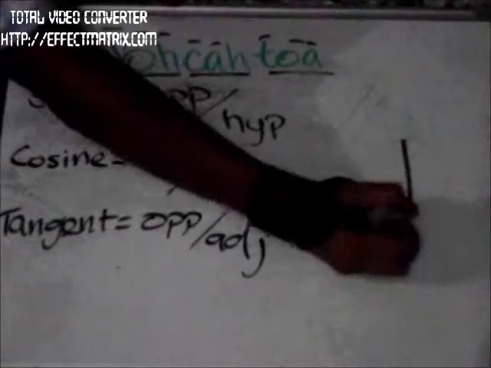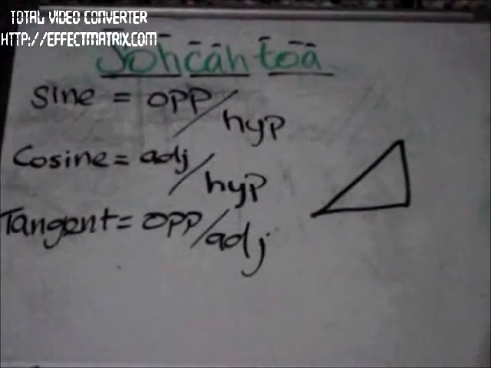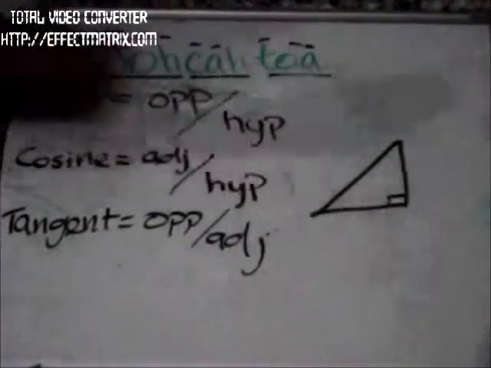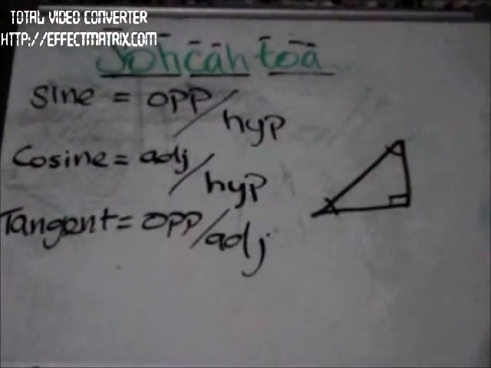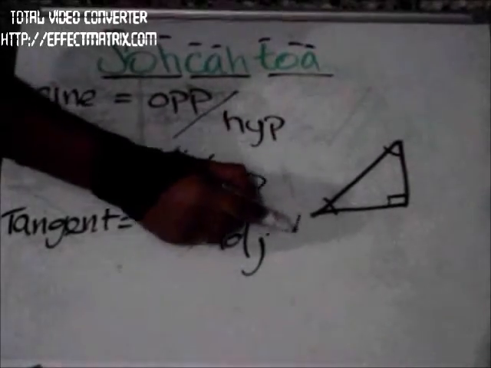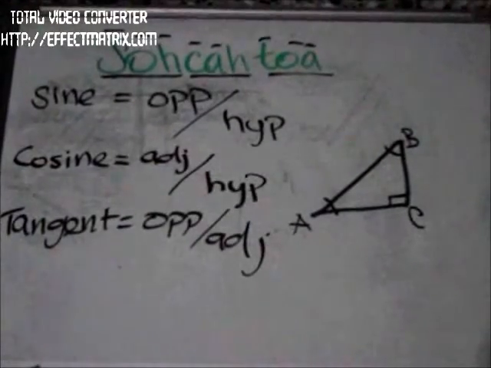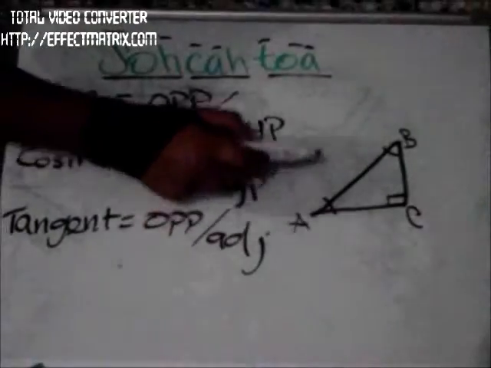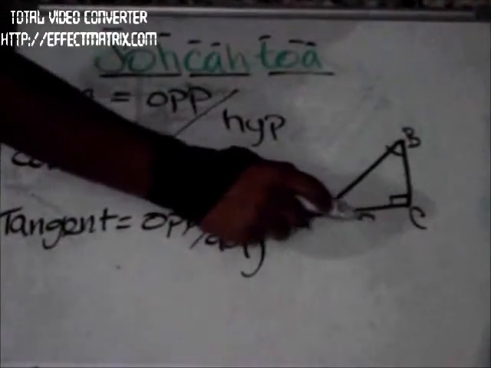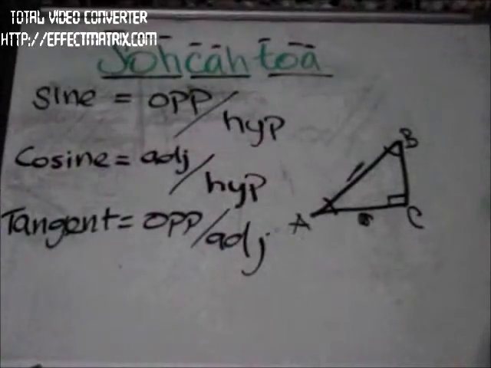So let's see in a triangle. You see? So this is the right angle, and these are the two acute angles. Now let's name this A and this B, and this C. Now the sine of B would be the opposite side, which would be this side, over the hypotenuse, this side.